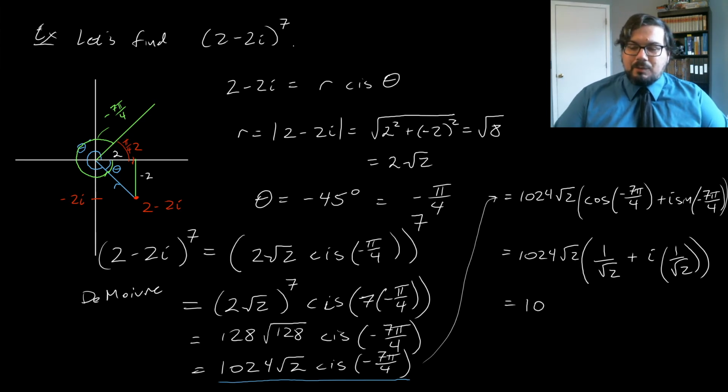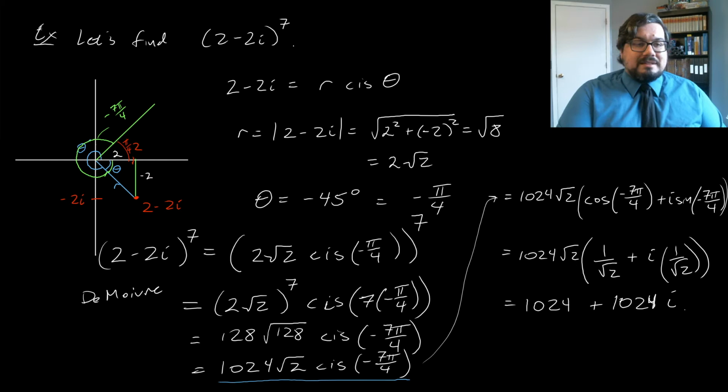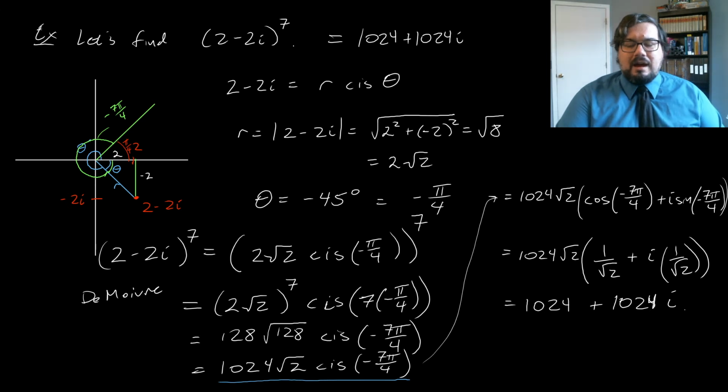Distributing this through, we get 1024, because the square roots of 2 cancel, plus 1024i. And so there's really the ideal form of this solution here: 1024 plus 1024i.